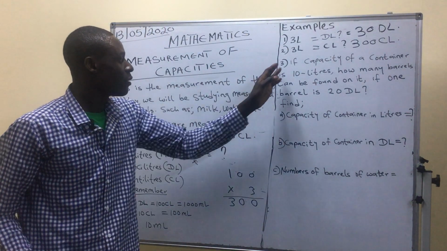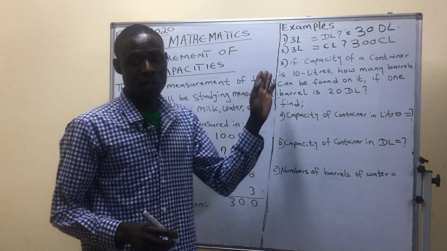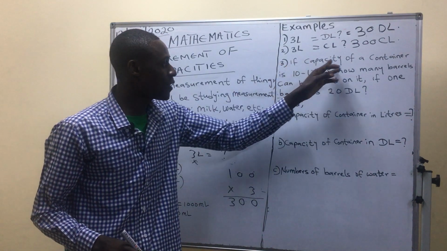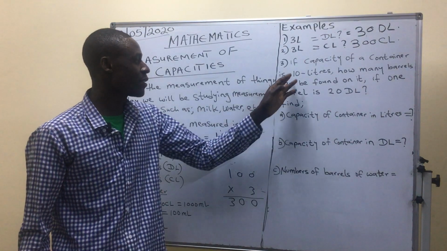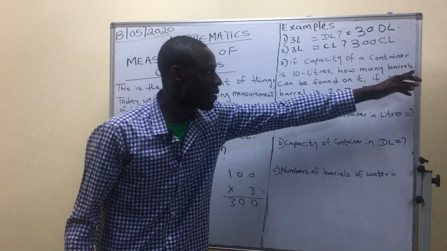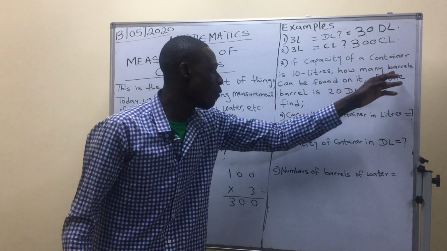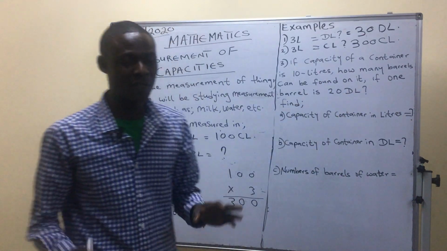Now, question number 3. You have to pay attention to this question. If the capacity of a container is 10 liters, how many barrels can be found in it if 1 barrel is 20 deciliter?